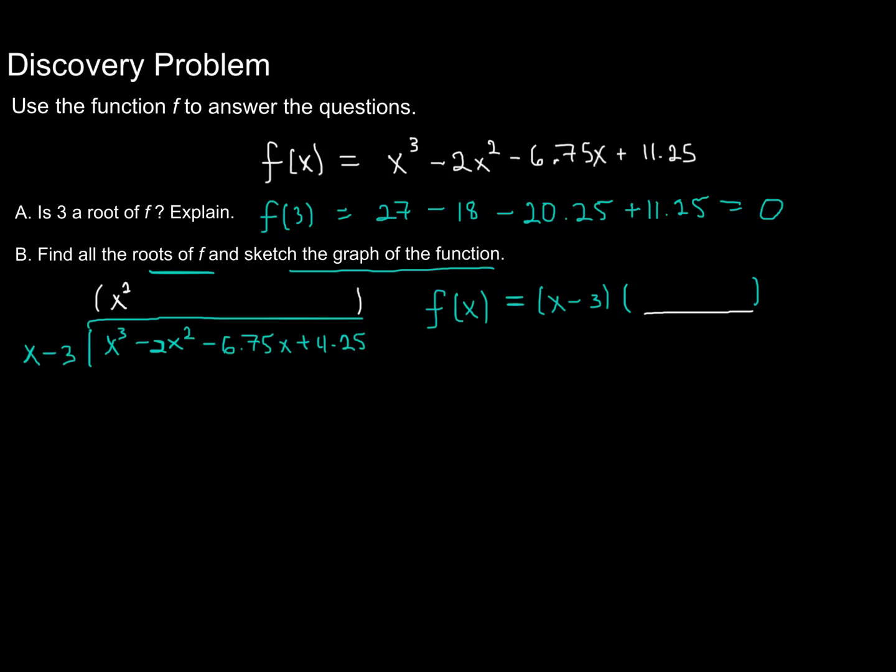And if I multiply x squared by x minus 3, this multiplication will give us x cubed minus 3x squared. Now, this is what we get from the first multiplication, but we want to see what's left over. What will we still need to get from the other multiplications?